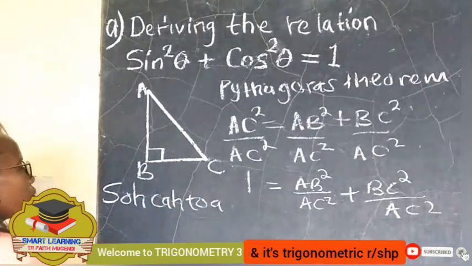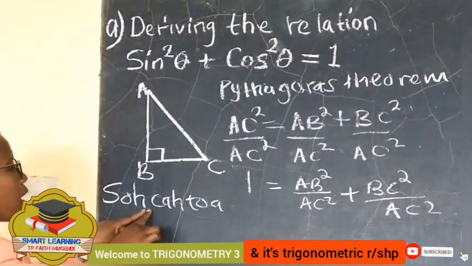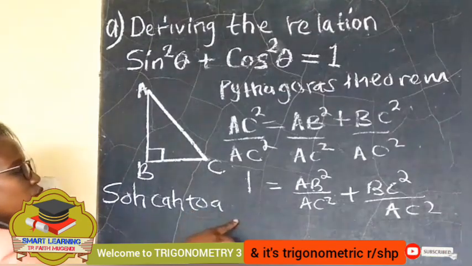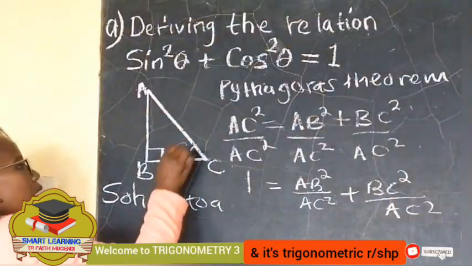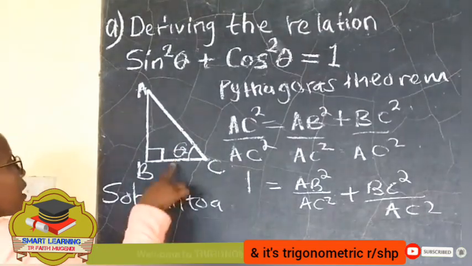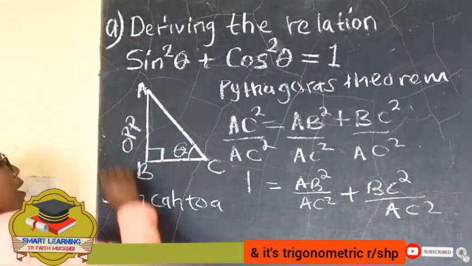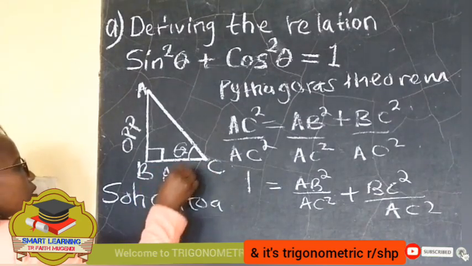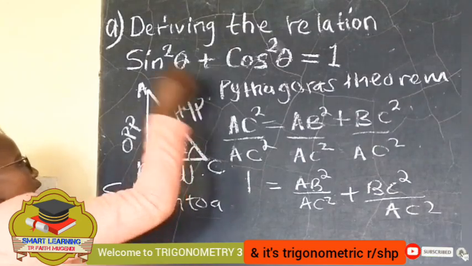Now, when we use SOHCAHTOA, we know that sine is opposite over hypotenuse, cos is adjacent over hypotenuse, tan is opposite over adjacent. Now, if you consider this angle theta, then AB is the opposite side and BC is the adjacent side, AC is the hypotenuse side.